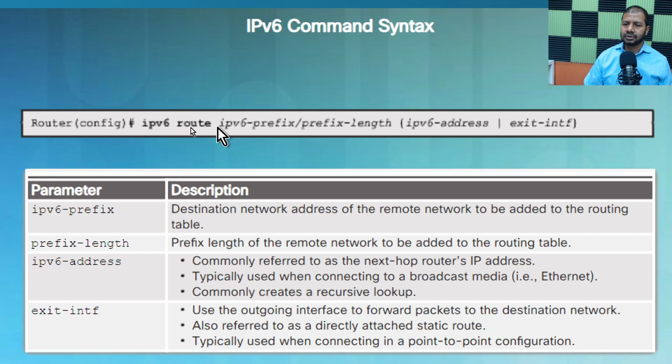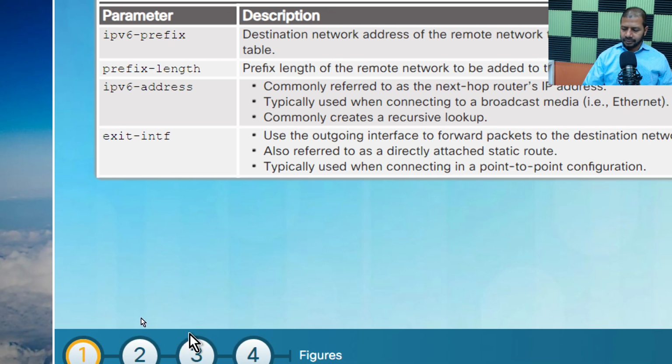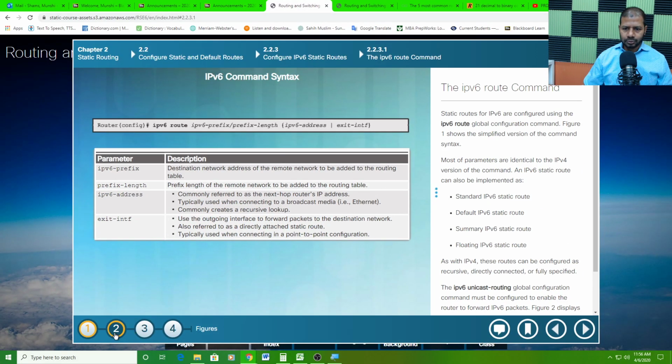Everything else is the same: the network address and the prefix, where the subnet mask could be the prefix here, then the IPv6 address of my next hop router, or the exit interface like serial 0/0/0. The same format, same everything. Whatever you write as IP, here you write IPv6. That's all. And of course there'll be some practice, some demonstration.